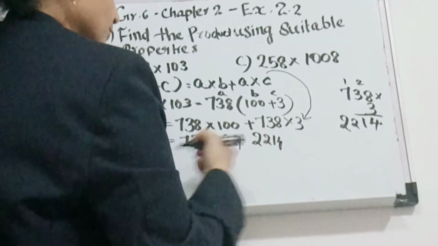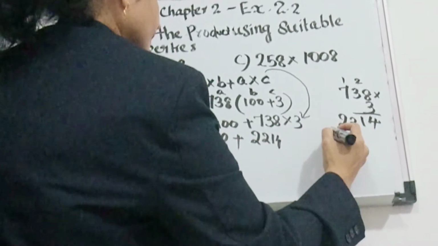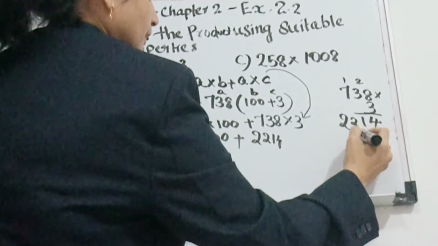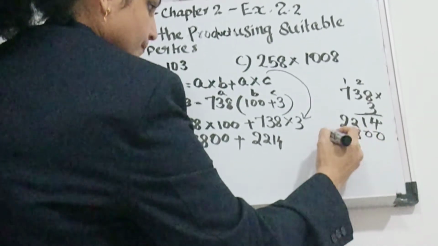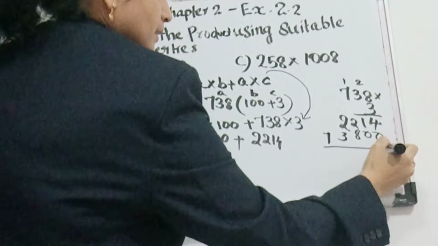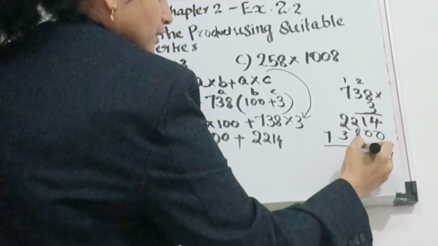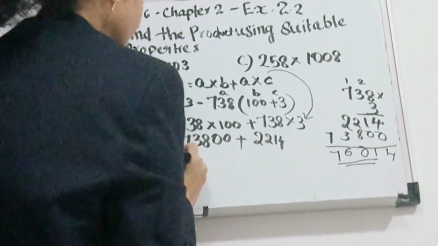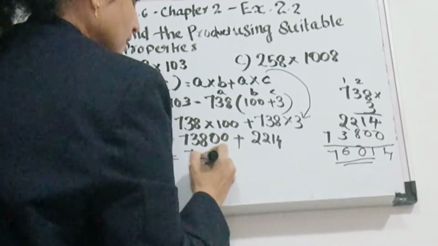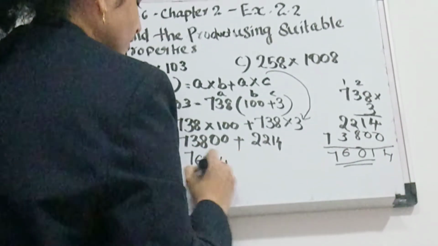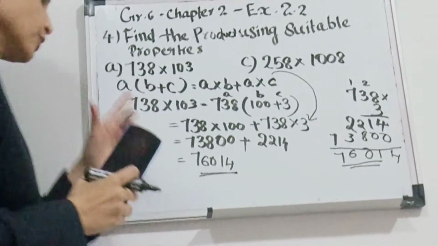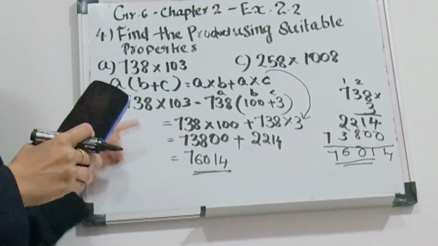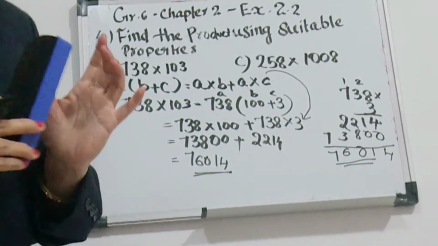You are adding this to this, and you got 76014. So you write the property and that property you use to find the answer.